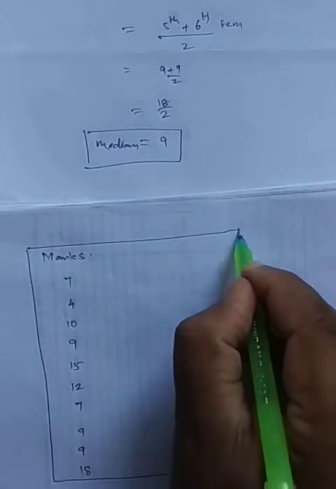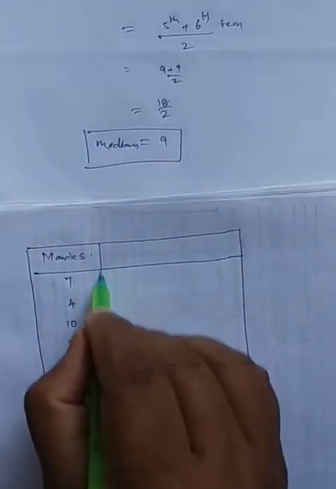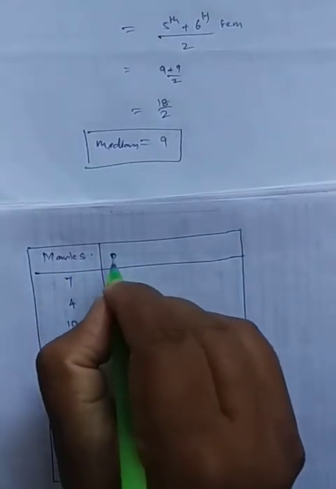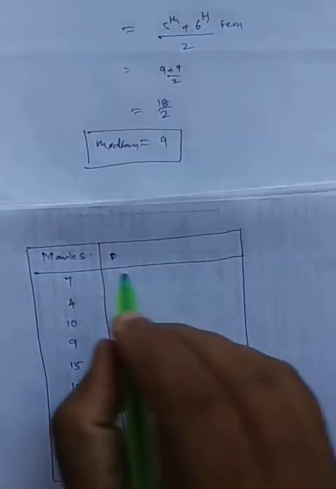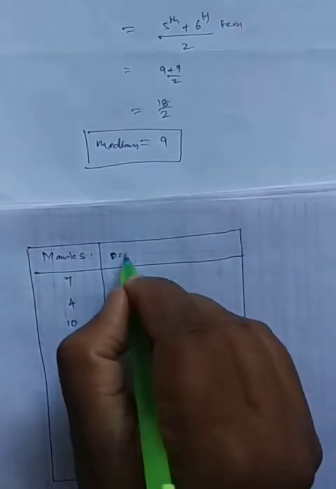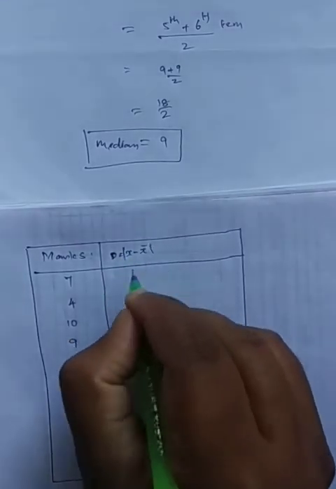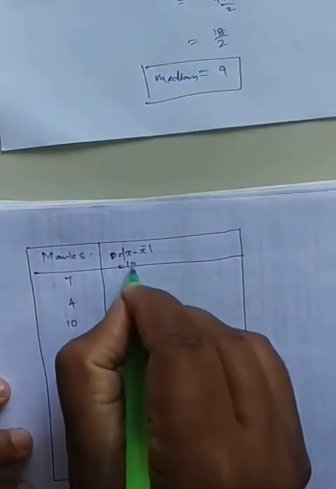Use a pencil here; I'm using a pen, but you don't. Now we need to find D. D is nothing but the absolute value of x minus x bar. What is x bar here? Just now you found it: 10. So that is x minus 10.